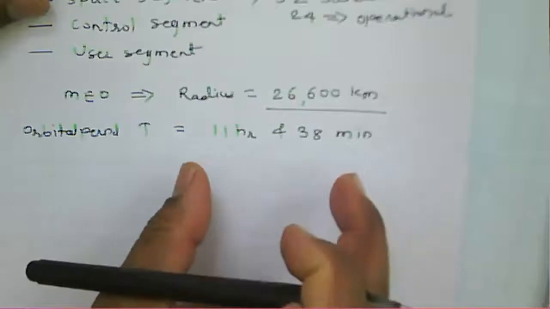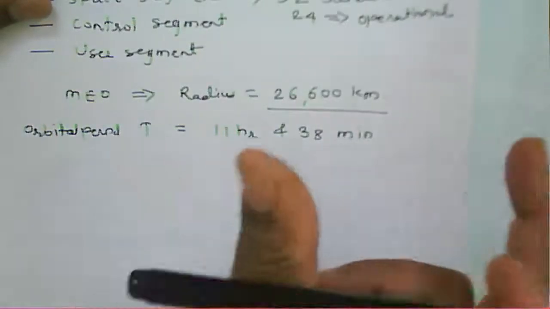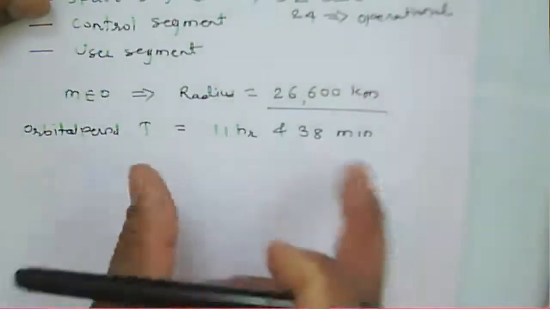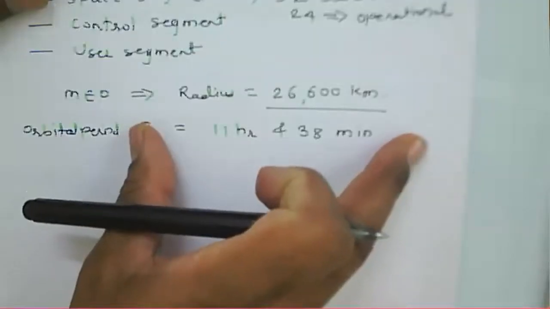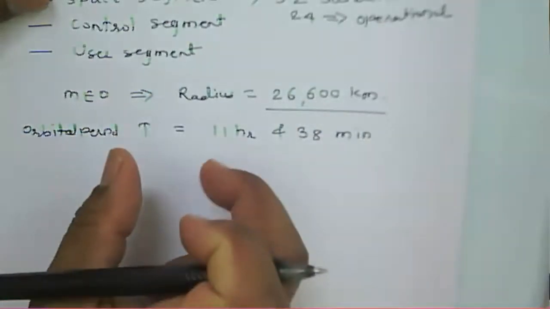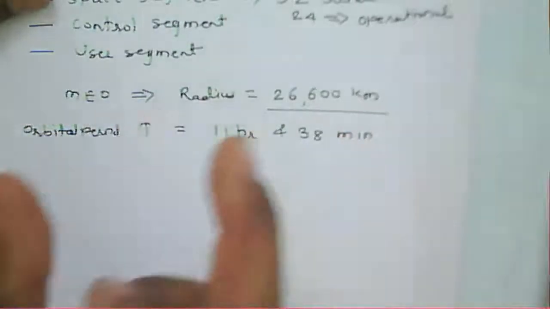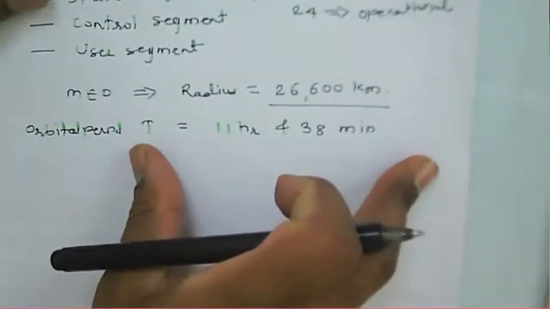If we consider 11 hours, in one day we have about 24 hours, so approximately the satellite period is about half a day. That is about half a sidereal day, meaning instead of 24 hours, it is 12 hours.